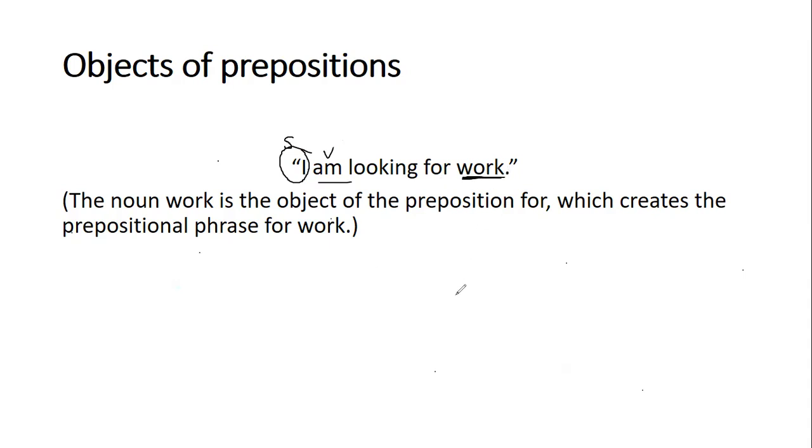The noun work is the object of the preposition for. What is the preposition here? For. On, of, for. These are prepositions, right? So the noun work is the object of the preposition for, which creates the prepositional phrase for work.